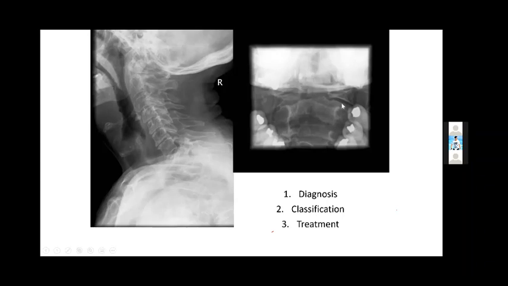The fracture of the body is a type 3 fracture, and they heal well. The fracture of the tip is a type 1 fracture, and those also heal well. But this is a type 2 fracture, where the junction of the body with the dens is known to go into non-union. But they're usually stable fractures.